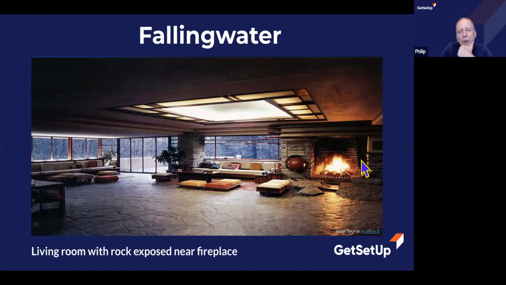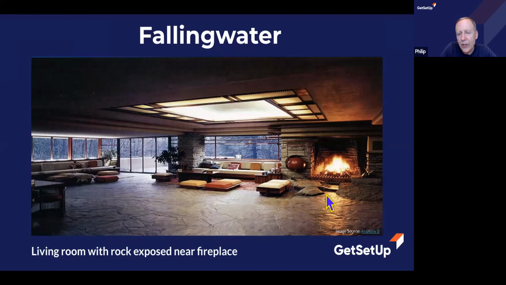Of particular interest is right here around the fireplace. You can see some benches close by, but if you look carefully here where I have the cursor, if you haven't toured Falling Water yet, these are two rocks that come up above the ground. This was not Wright's intention. These rocks are natural rocks that come all the way up and help anchor the house itself.